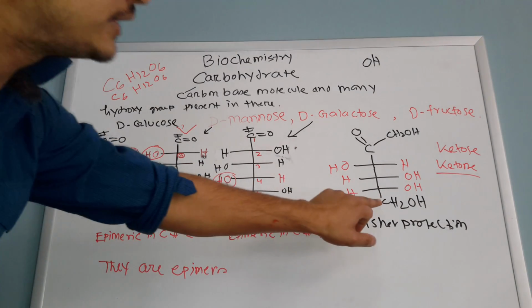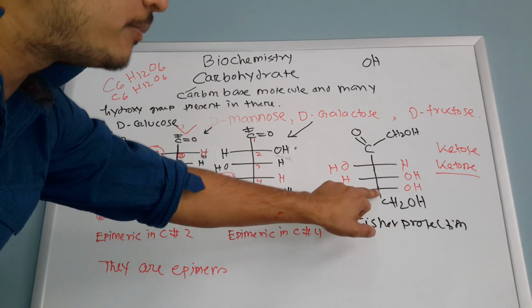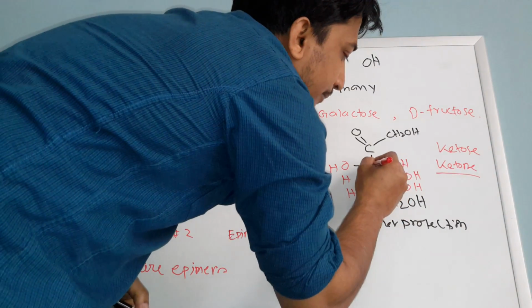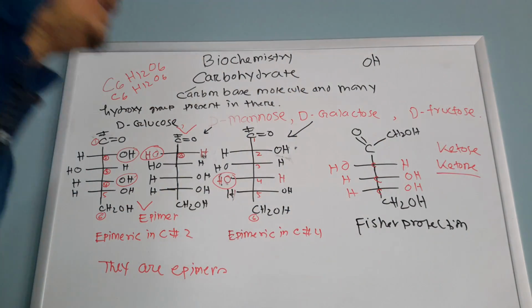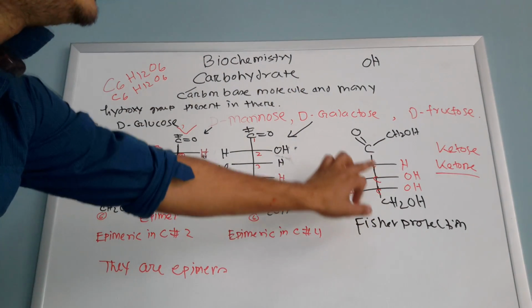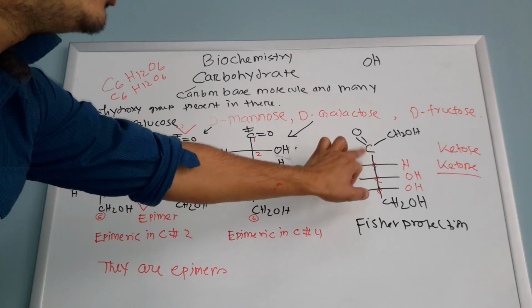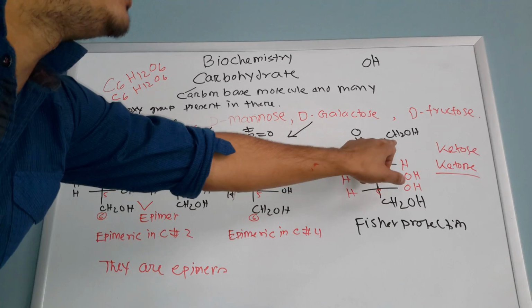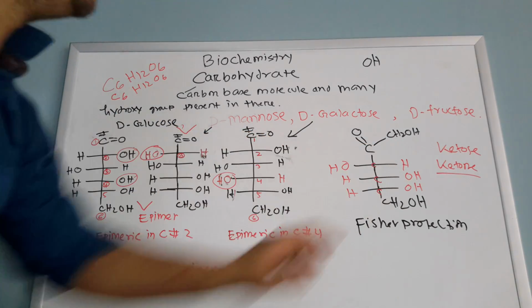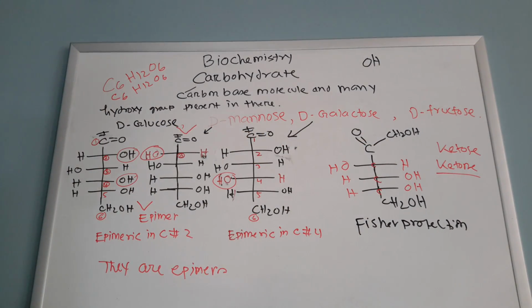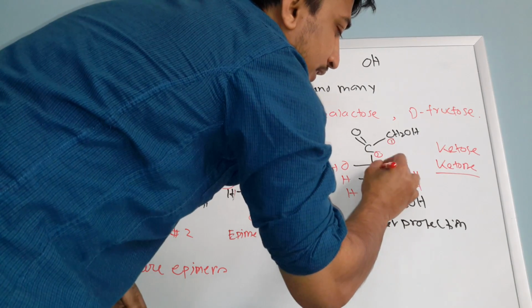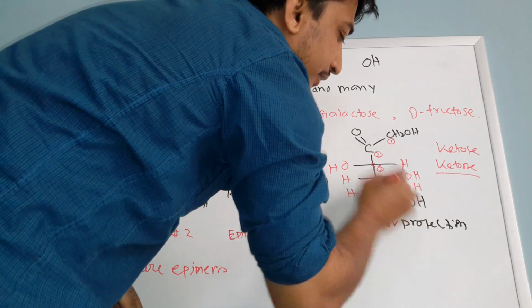If you think this carbon is carbon number 1, then this is carbon number 2, carbon number 3, carbon number 4, carbon number 5, and the double bond O carbon gets a higher number. But if you count from that side, carbon number 1, carbon number 2, you get your double bond O carbon at the second position. So that's why this is carbon number 1, this is carbon number 2, carbon number 3, carbon number 4, and carbon number 5.